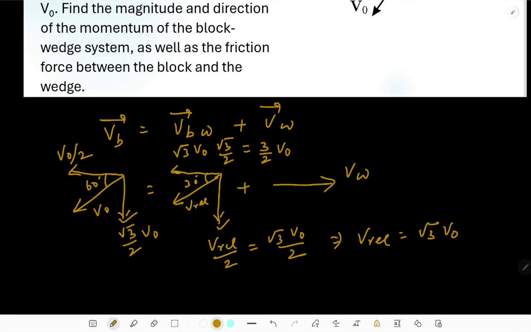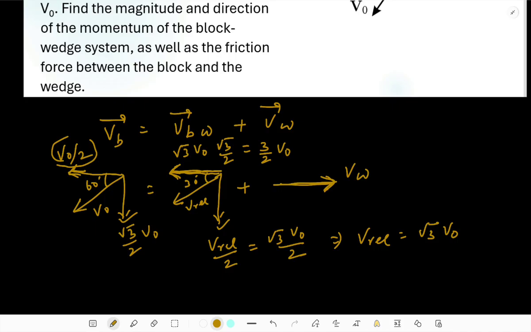I guess 3 v naught by 2 in this direction and the wedge velocity in this direction are both giving me the velocity v0 by 2 in this direction. So v0 was right.